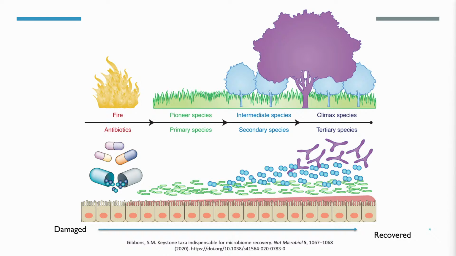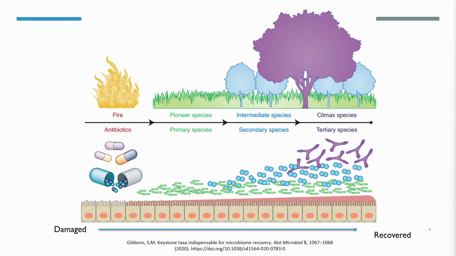If you're given antibiotics, that's going to kill the majority of the microbes there. And so following antibiotic treatment and removal of the antibiotic, you'll start to have these primary species growing in that community. These pave the way for secondary species to come back and grow. And then those also pave the way for these tertiary species to colonize that area.